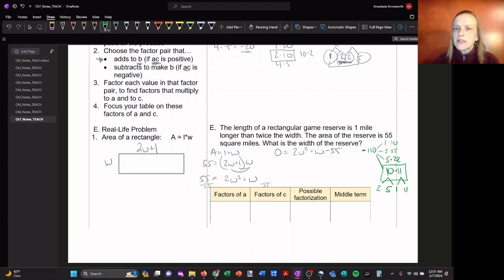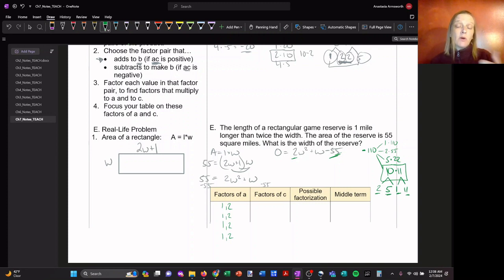And then I see that to get a 2, I would use my 1 times 2. And then to get to my 55, I would do 5 times 11. So I can narrow down the table of values that I choose. My factors of A are going to be 1 and 2. I'm still going to have 4 things to test because even though I know my factors of 55 are 5 and 11, this is negative 55 that I'm aiming for.